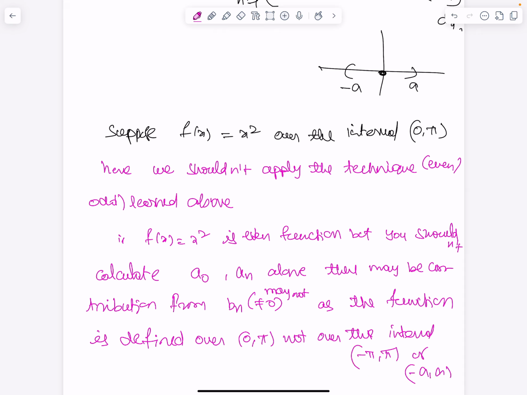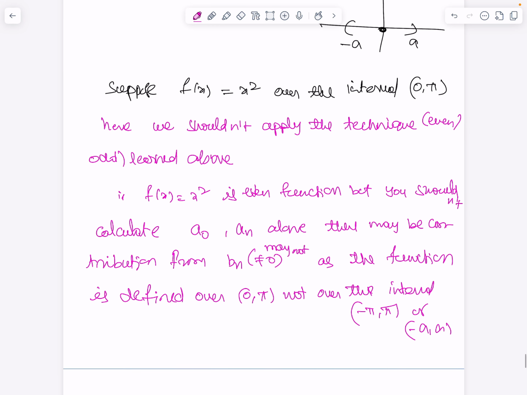So there is a difference. We cannot apply it just like that. For this, we have to follow the standard procedure.